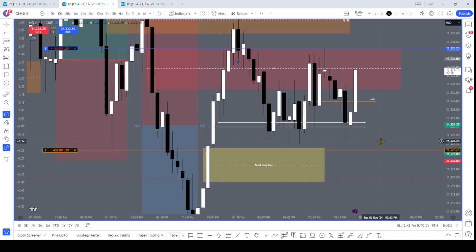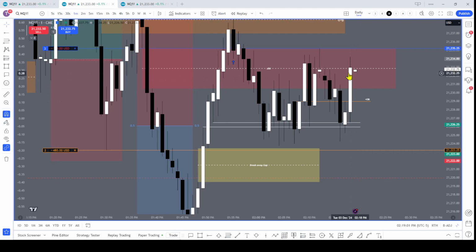It didn't immediately go down from this candle. I was watching to see if this touch wanted to send us down below this low. Created this volume imbalance inside of it. So we're closing candles above it. Now let's watch again.